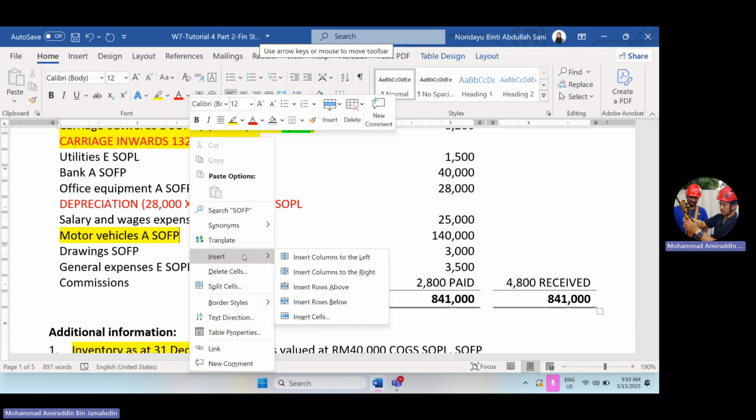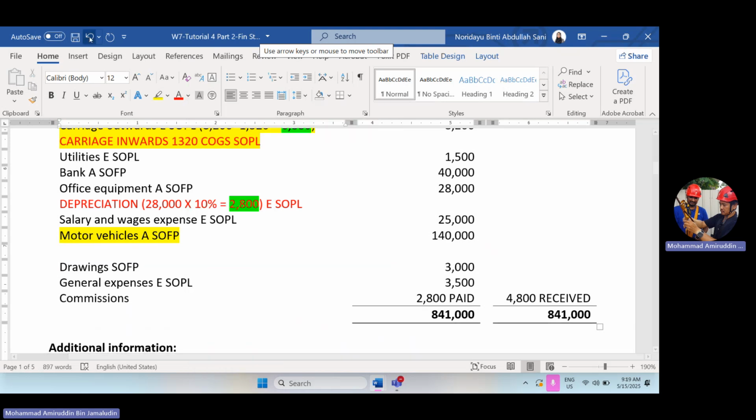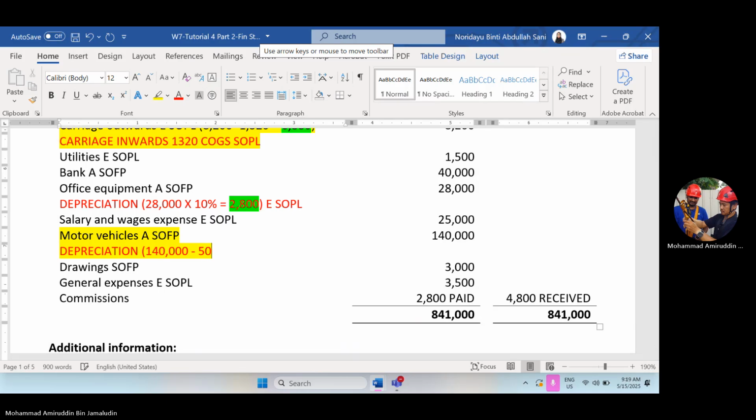So now we compute the depreciation expense. We use the reducing balance method. So 140,000, the cost, minus last year's accumulated depreciation, 50,000. Then only you multiply with the 15%.